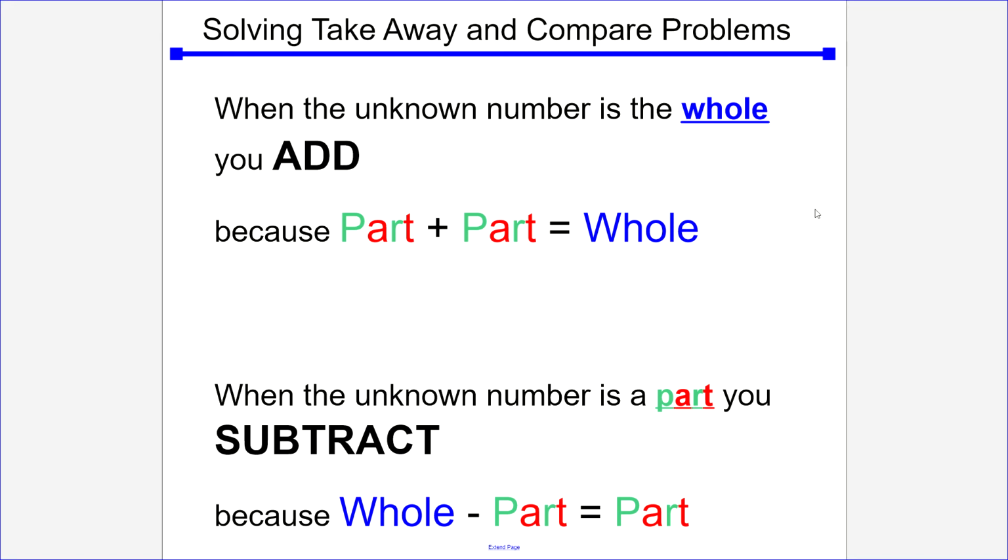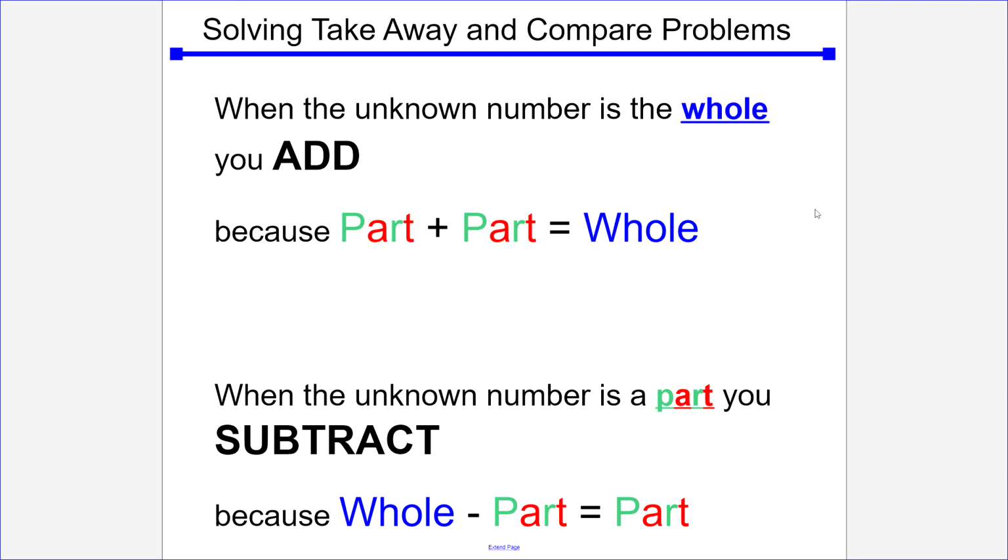You know that when we're solving a takeaway problem, we have wholes and parts. We have a whole and parts. And when an unknown number is a whole, you add because part plus part equals whole. You also know that when an unknown number is a part, you subtract because whole minus part equals part.